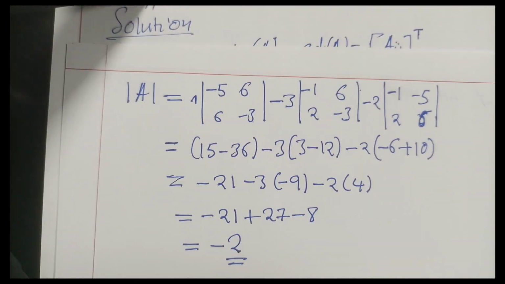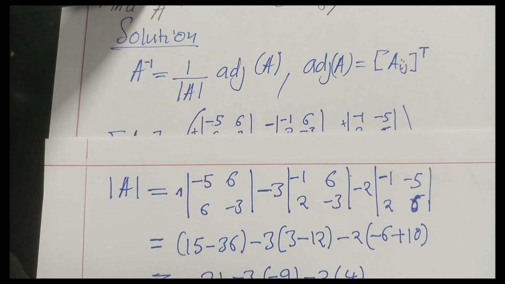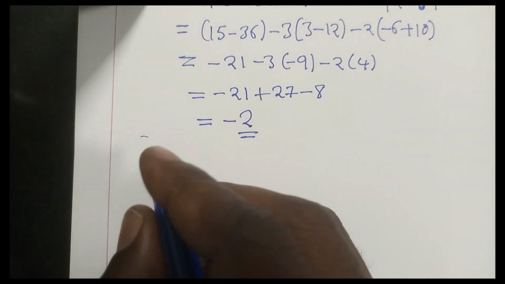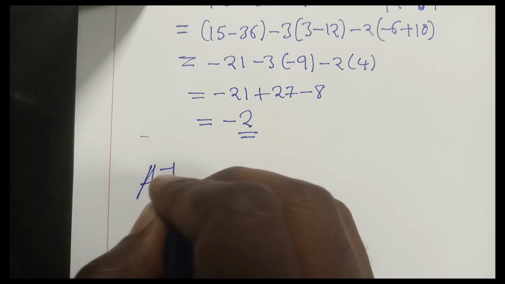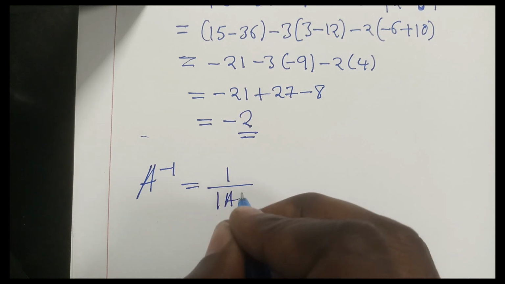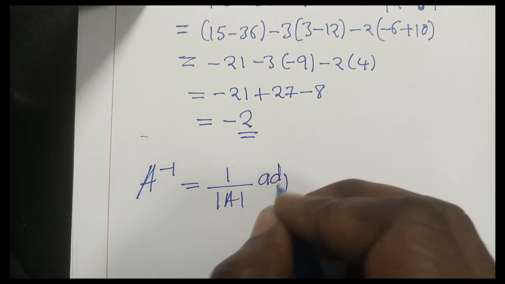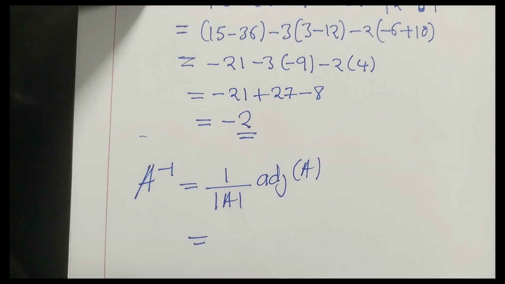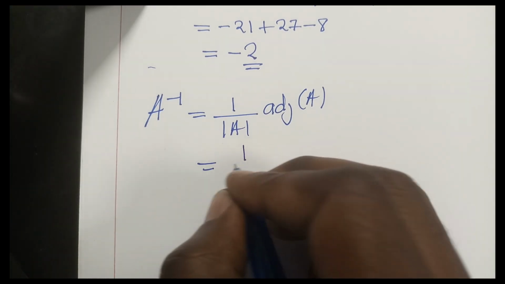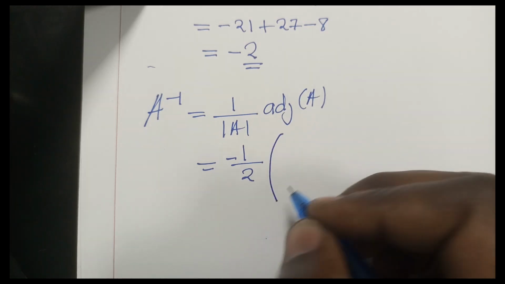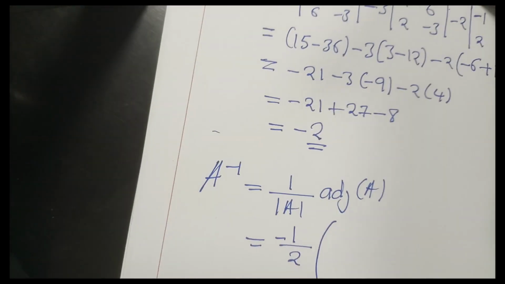So now finally the inverse for this matrix, that's the formula for the inverse now. The inverse of A will be given by 1 over the determinant times the adjoint of A, which is substituting. Now the determinant we found to be negative 2, and then the adjoint matrix, we found the adjoint.